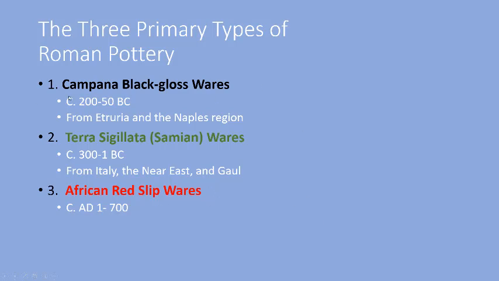The oldest part being this sort of black glossware from about 200 to 50 BC. I know I'm going a little earlier than I just said I would. And then to the terra sigillata, which is a type of pottery that we see.